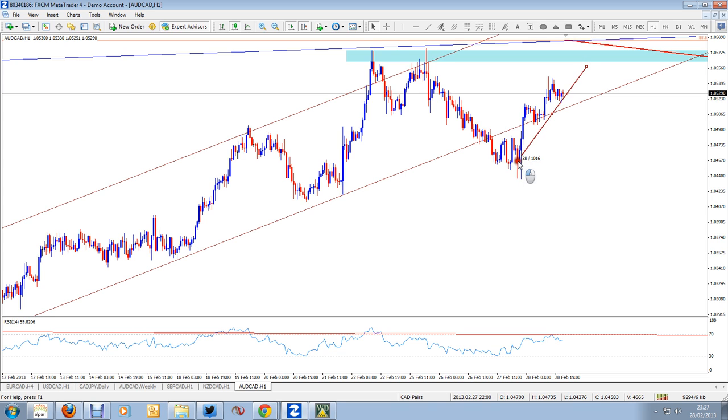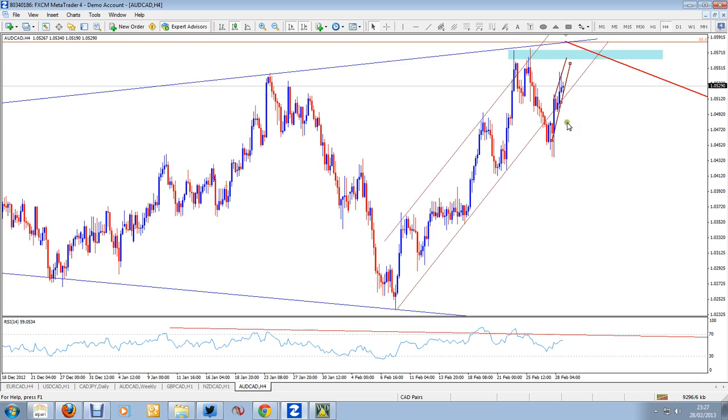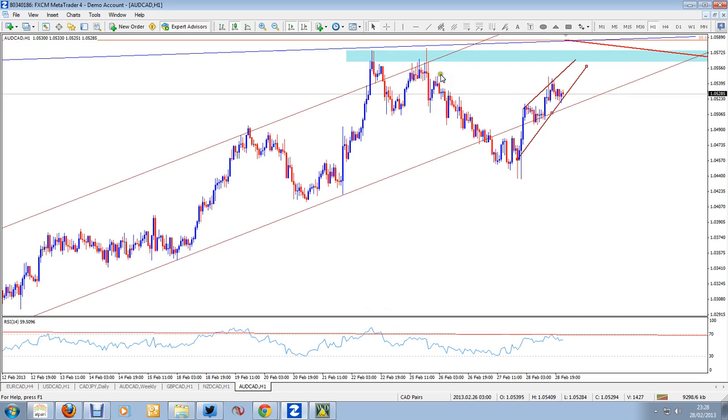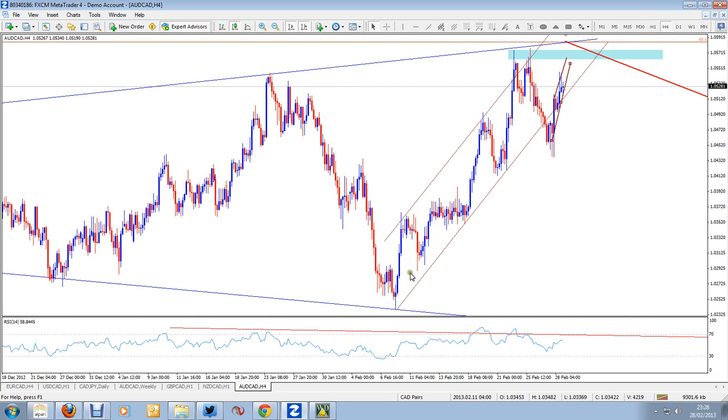maybe even showing some degree of possible ending diagonal, but we're certainly looking for so 1, 2, then 1, 2, 3, 4, and 5, the 3 and 4.